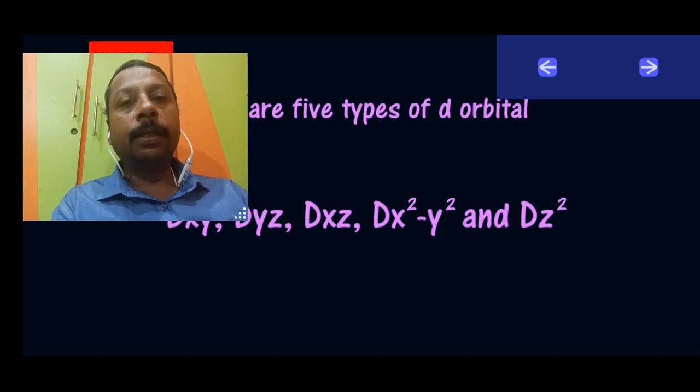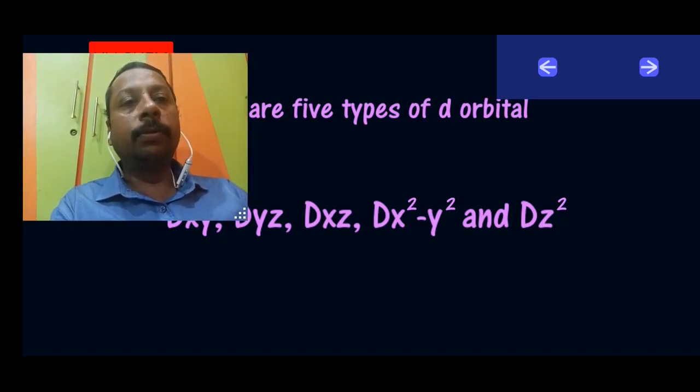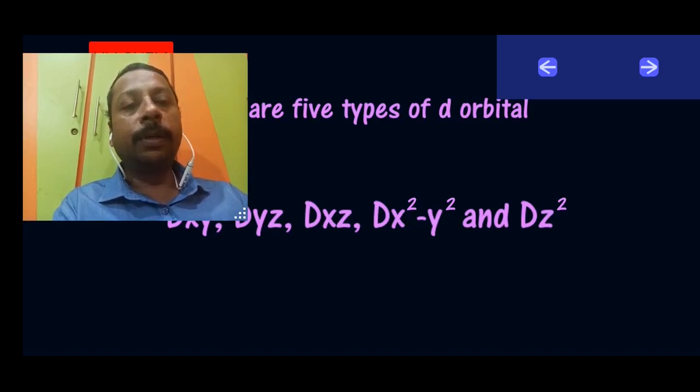Whereas dxy, dyz, dzx are studied together because their lobes are in the planes. Dx square minus y square and dz square are studied together because they are on the axis. Now let us see them one by one with the proper animation.